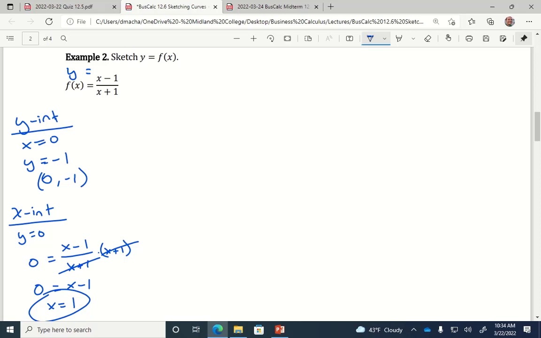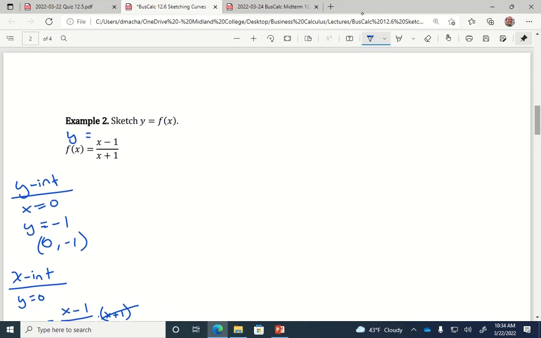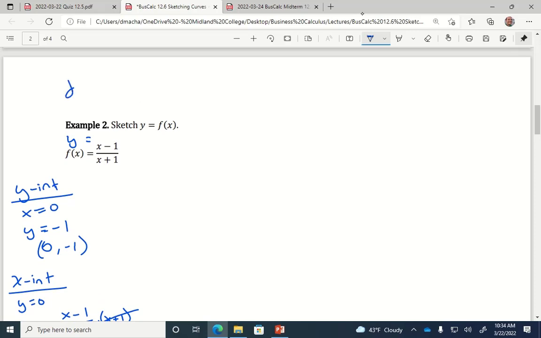Step 3 says I need to take note of any discontinuities where I have a 0 in my denominator. So what value of x here would give me a 0 in my denominator? -1.